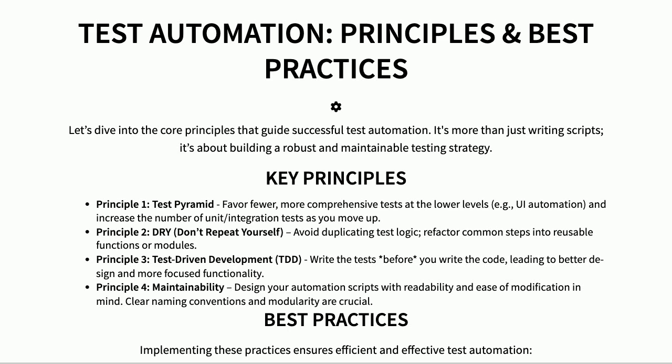It makes maintenance a nightmare. Think about test-driven development. Writing the test before you write the code helps you think about what needs to be tested first. And finally, always keep maintainability top of mind. Clean, well-named tests are far easier to work with over time. Don't forget good logging and using version control for your scripts. Automation is a tool to help us test better, not replace our testers.